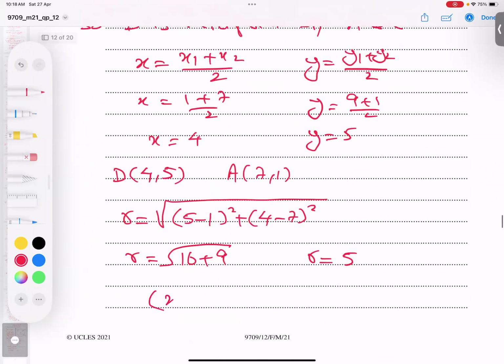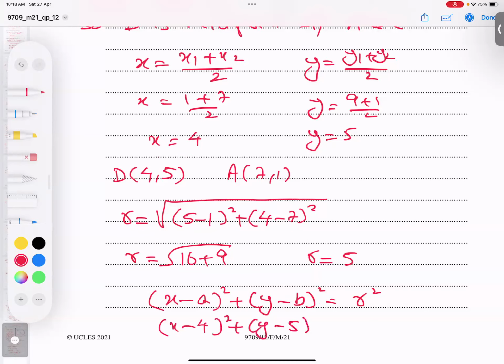And what is the basic formula of a circle? (x minus a) whole squared plus (y minus b) whole squared equals r squared, and this a and b represent the circle center. So (x minus 4) squared plus (y minus 5) squared equals 5 squared, or 25, no problem. I hope you got the point.